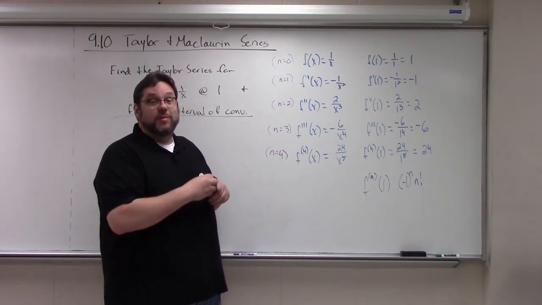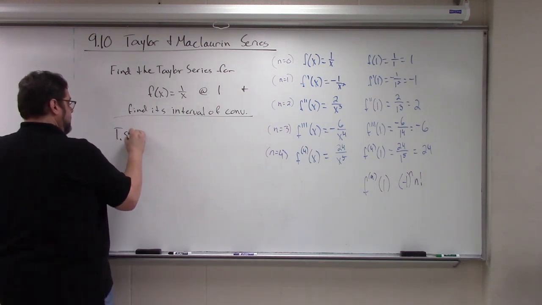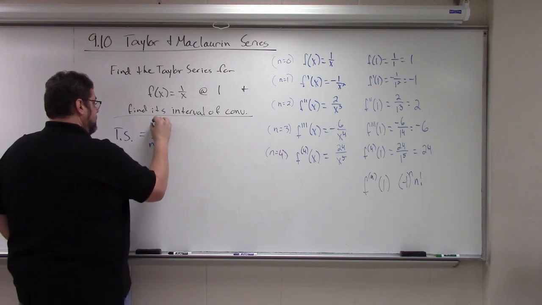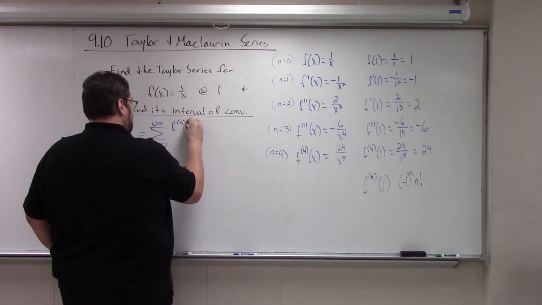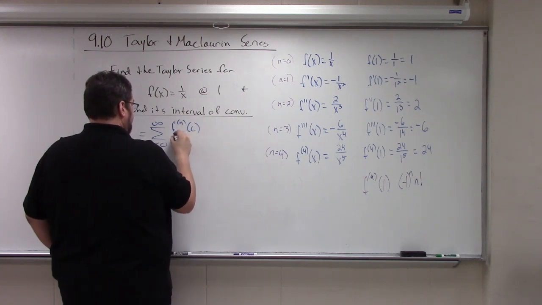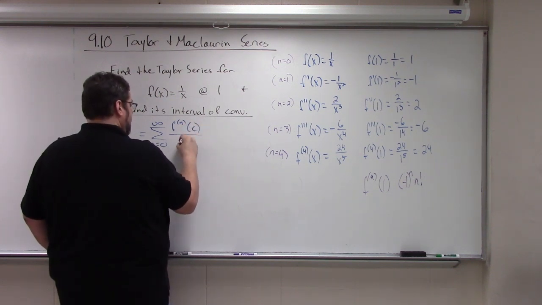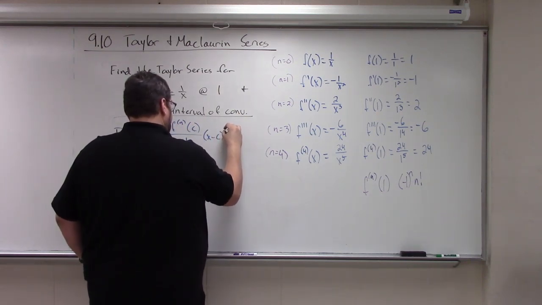So now, let's go back to what the Taylor series looks like. The Taylor series is the sum from n equals 0 to infinity of f n of c over n factorial, x minus c to the n.